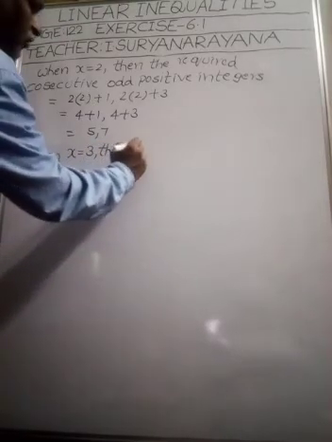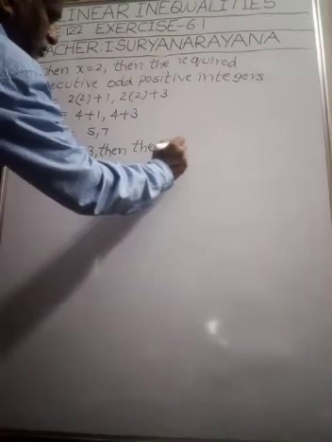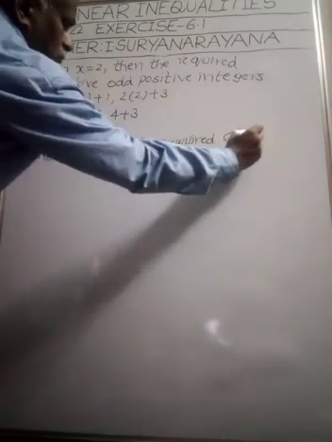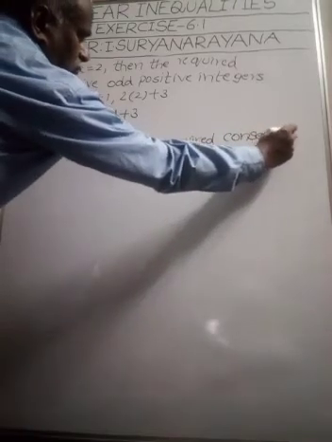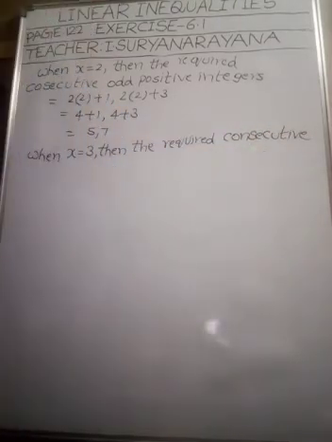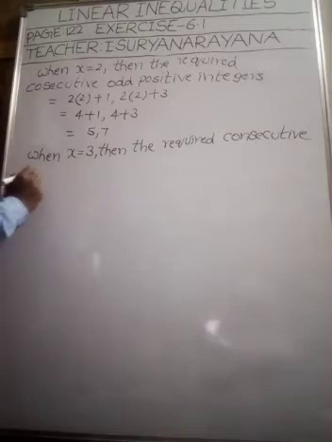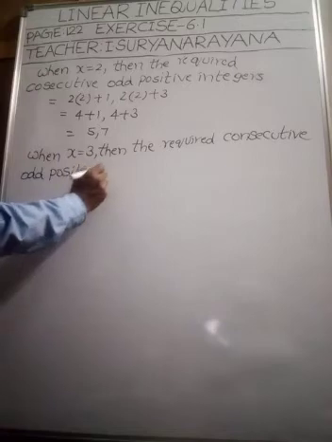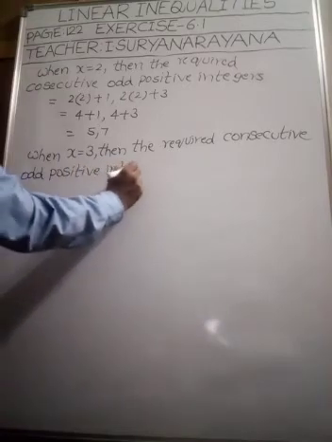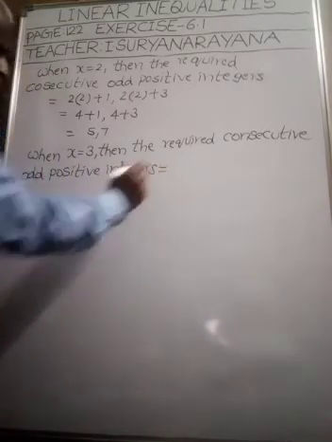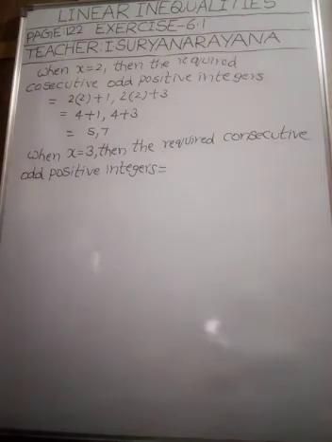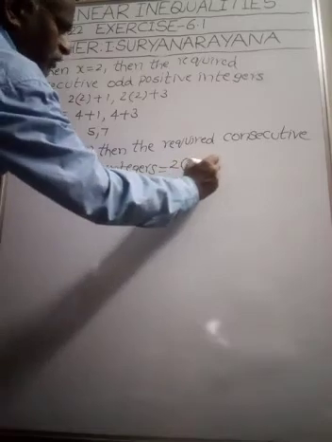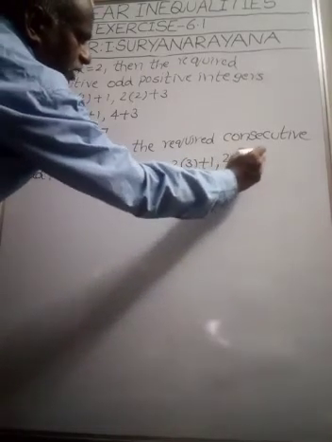then the required consecutive odd positive integers is equal to 2 into 3 plus 1, 2 into 3 plus 3.